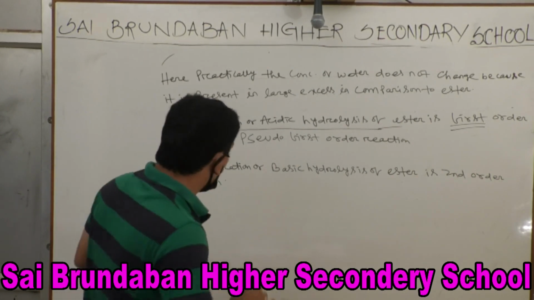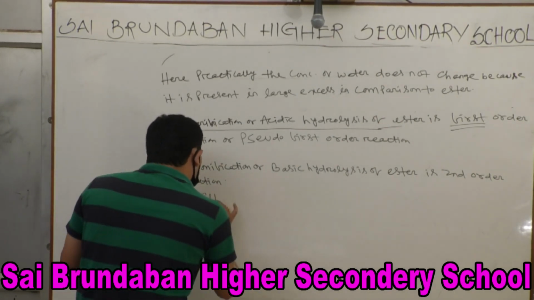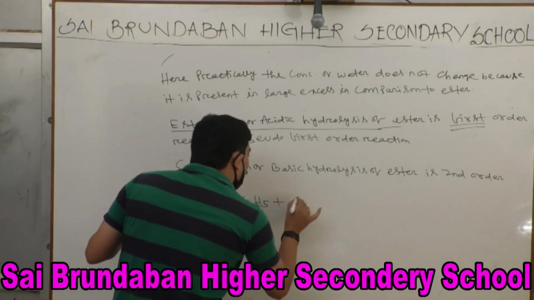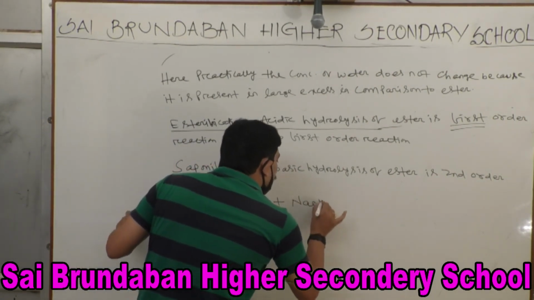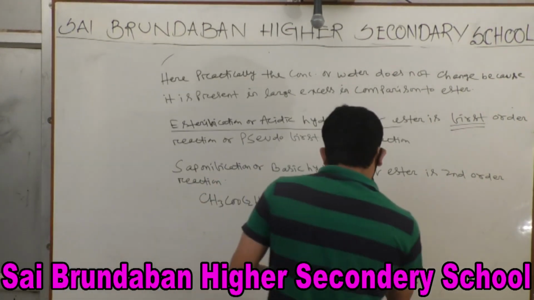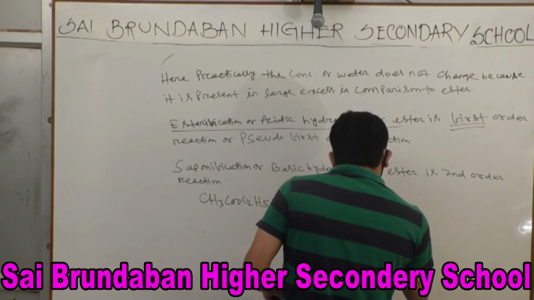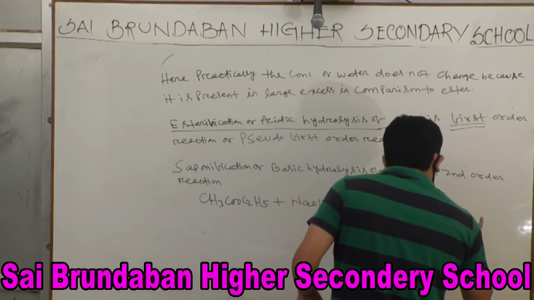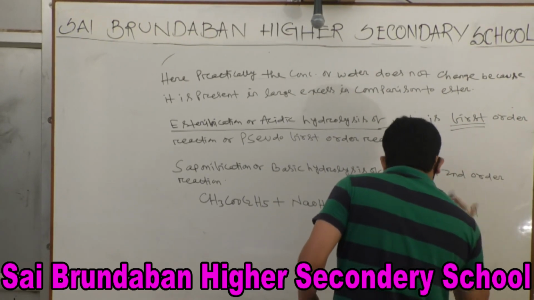Here, we will write the example CH3COOC2H5 plus NaOH gives CH3COONa plus C2H5OH.